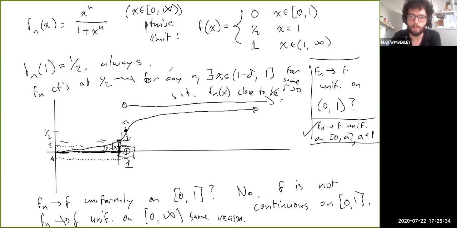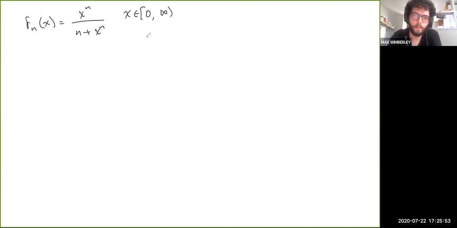So we really dissected that one. Let's look at the second one. fn of x is x to the n over n plus x to the n, again with x in 0 to infinity.